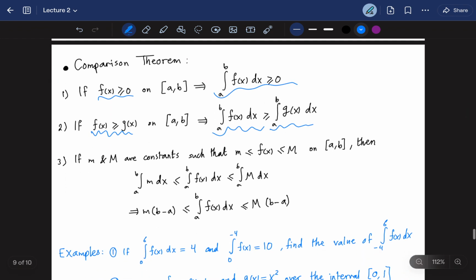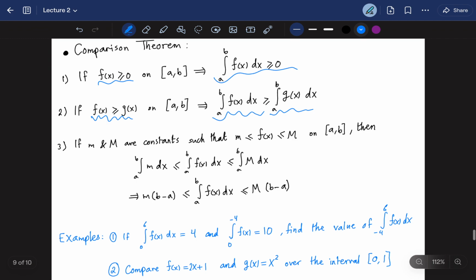And now, if I have two constants, m and capital M, and my function is between them on the interval [a, b], using property 2, I can apply it here twice. So the integrals are also going to be in that order.